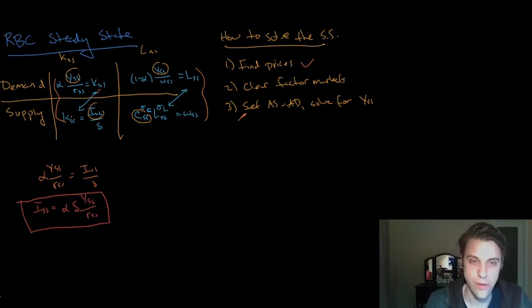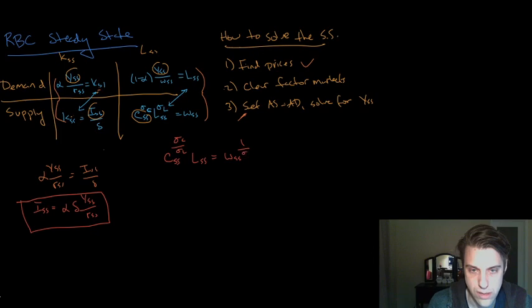And now we need to clear labor markets, which is a little more complicated because we have this annoying sigma L here. So let's begin by raising everything in the labor supply function to 1 over sigma L. We'll write it as CSS to the sigma C over sigma L, LSS equals WSS over 1 over sigma L. Then I'll divide CSS to the other side.